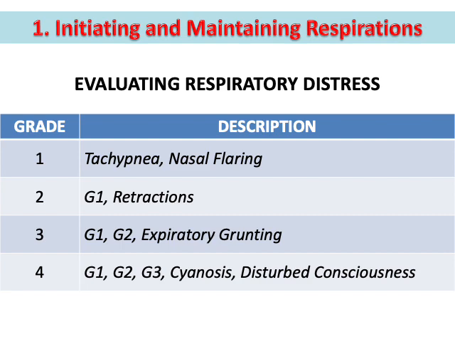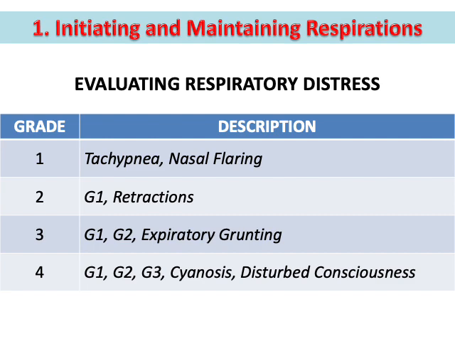Grade 3 respiratory distress is characterized by grade 1 and grade 2 descriptions plus expiratory grunting. Grunting is not visible to the naked eye. It is audible. You can hear it.